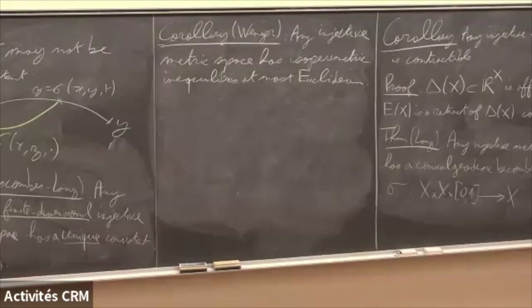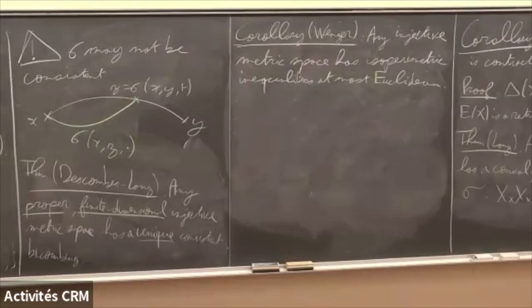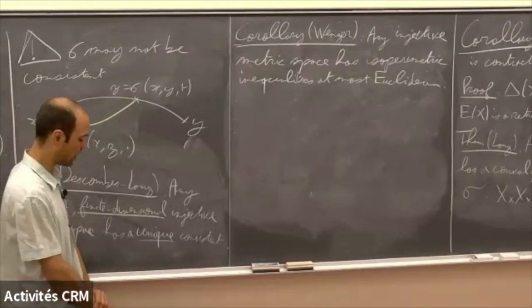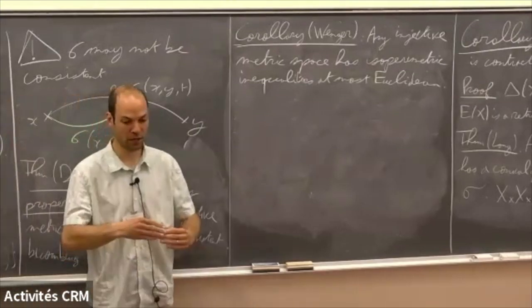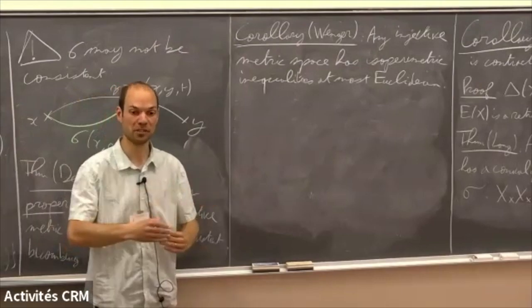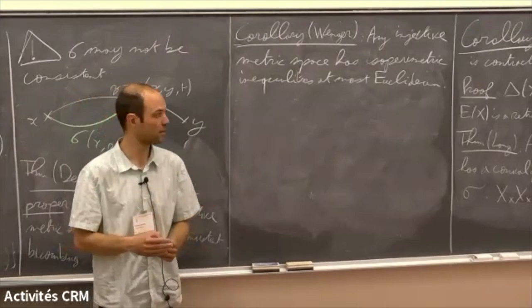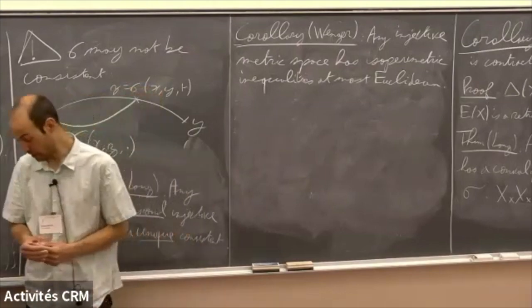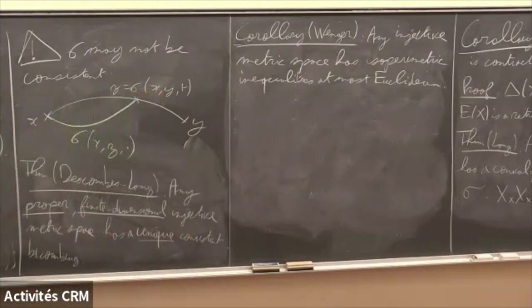You're welcome. When you say if you have a space with a non-quadratic isoperimetric inequality, does it mean that these injective spaces are three-dimensional? It would certainly mean that it's not injective, it's an unbounded distance from the starting space, but I don't know what other statement you can have.